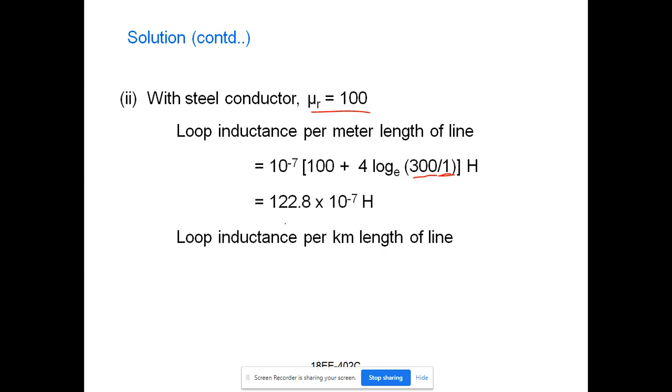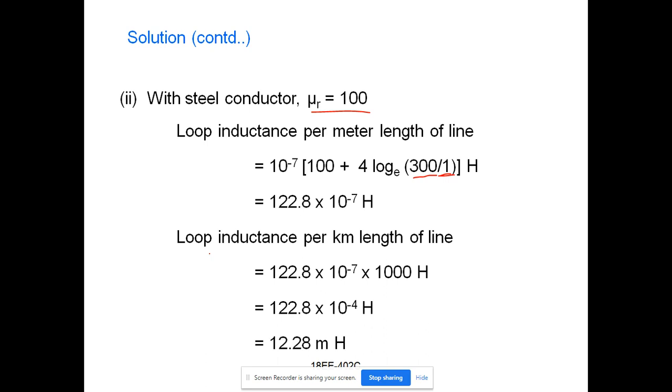To get the same per kilometer, we multiply by 1000. We get 122.8 into 10 to the power of minus 4 henry, which is 12.28 millihenries. This is the loop inductance per kilometer length of line for a steel conductor.